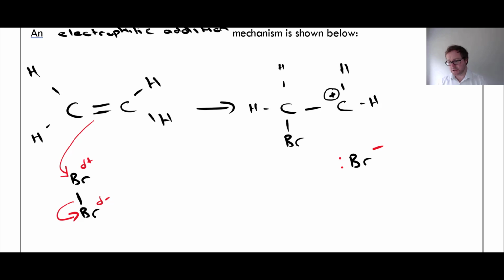So I now have a positive charge and a negative charge here, and unsurprisingly we form a dative covalent bond here. So my final product would look like this.